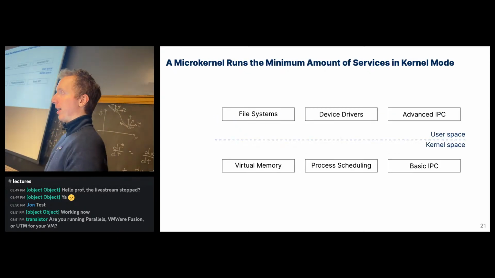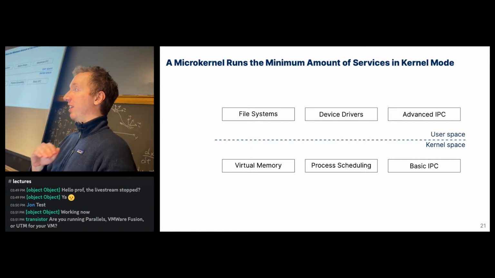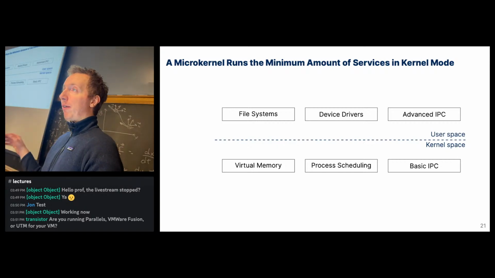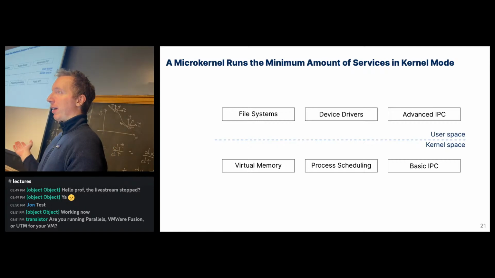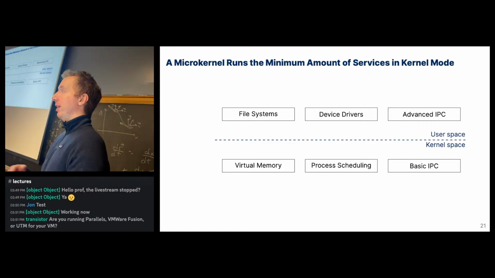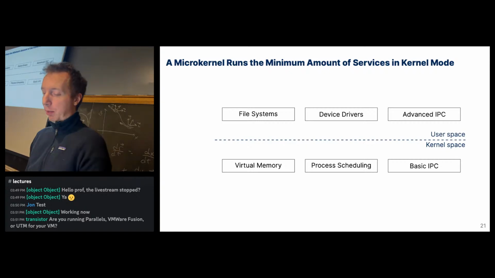And the other design is the opposite of that, where you try and put as little code as possible in kernel mode. Because it is all powerful, the more code you have, the more bugs you could have. So the larger the attack surface is, if someone gets into kernel mode, they get into the whole machine. So one idea is, I'll just put as little code there as possible.